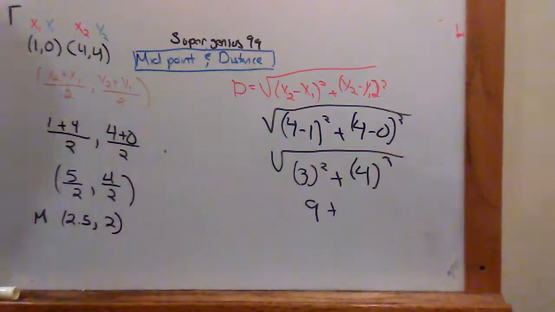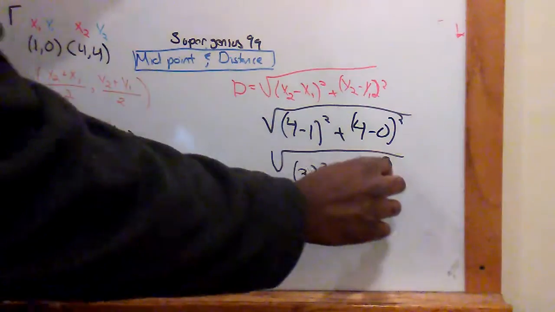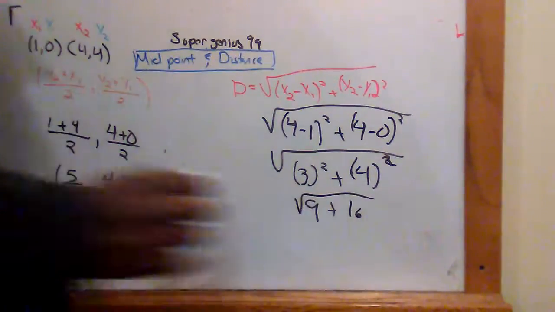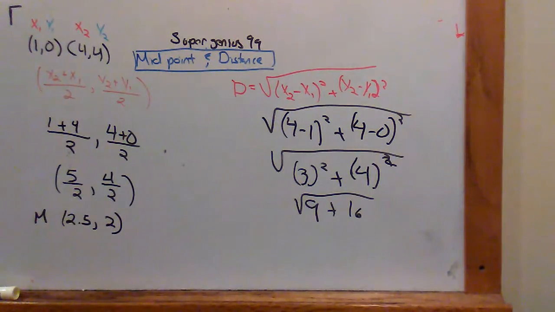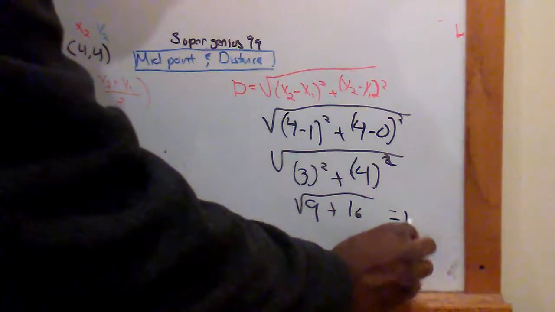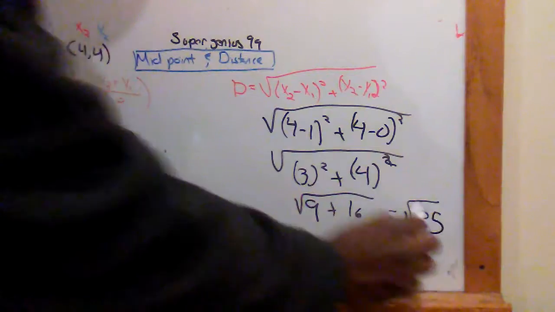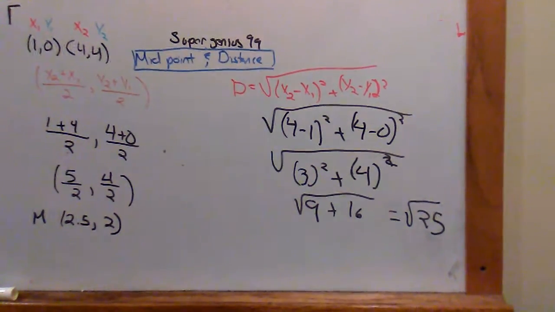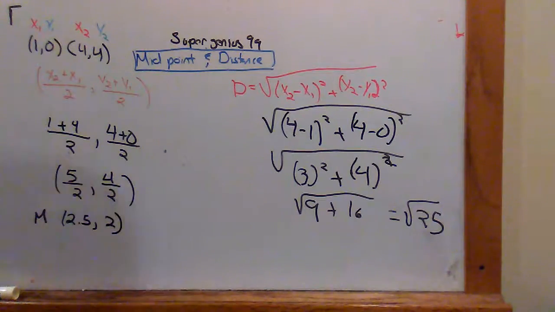And 4 squared, that's a square there. And 9 plus 16 is how much? And what is the square root of 25? What times what gives us 25? Do we have a perfect number? Yes, and the answer is 5.